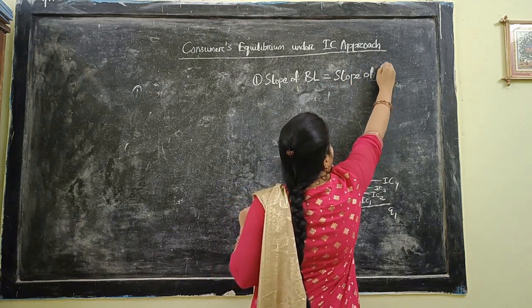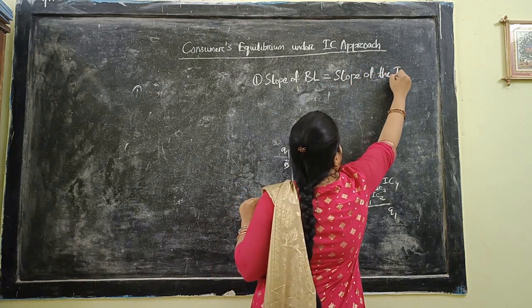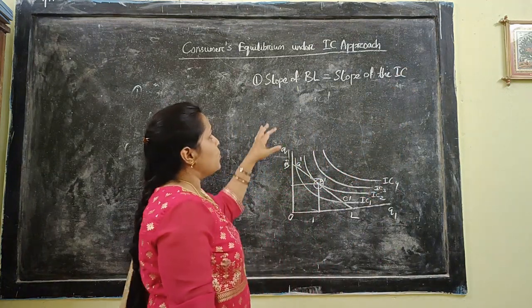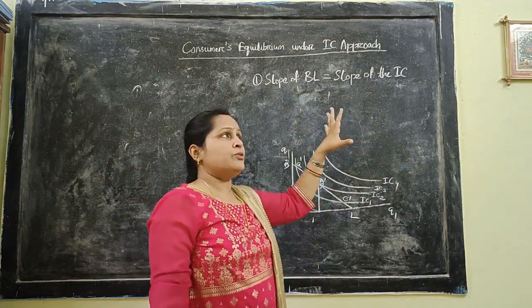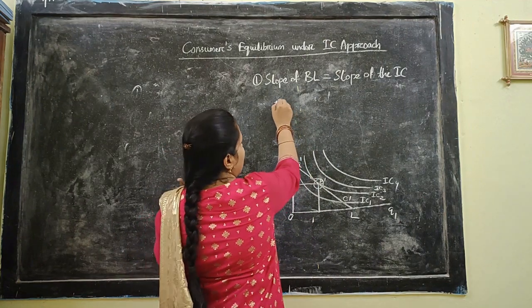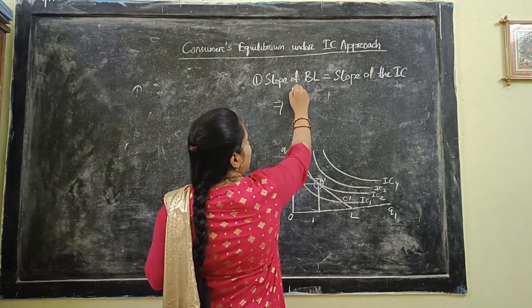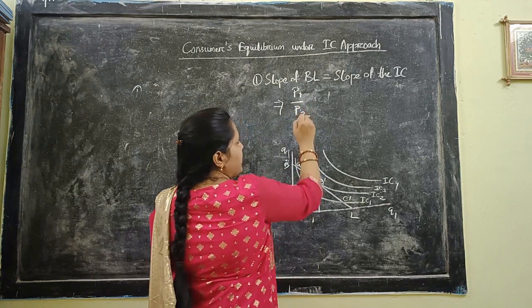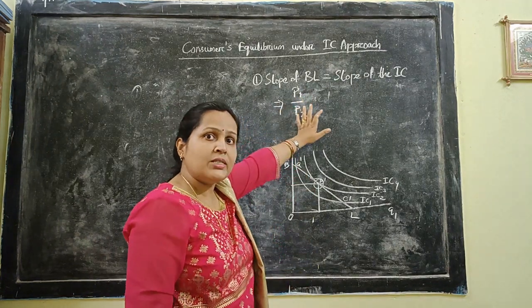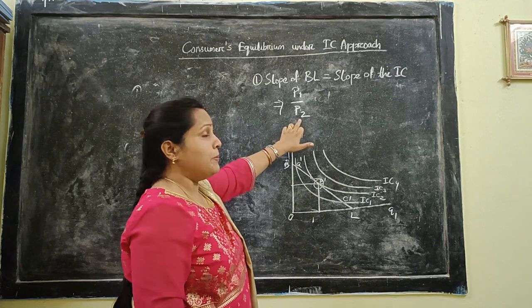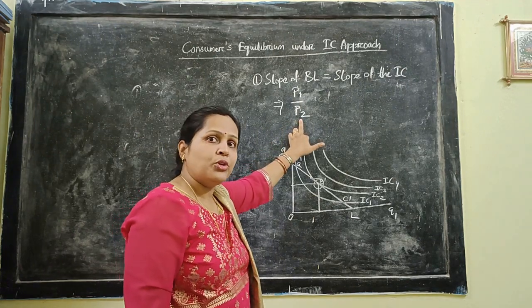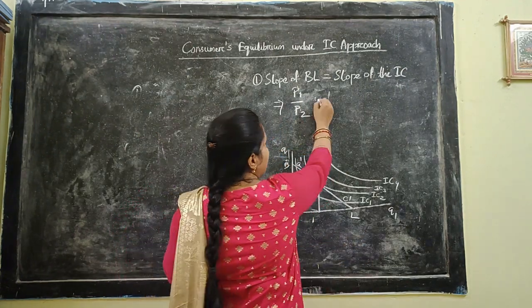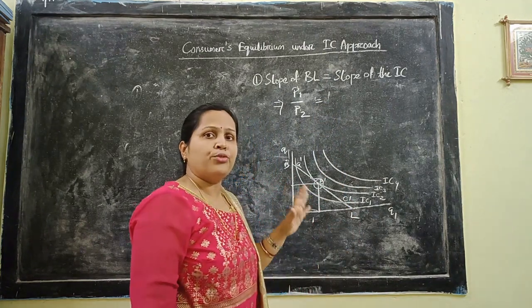The slope of the budget line, which we can also derive, is equal to P1 by P2, where P1 represents the price of commodity Q1 and P2 represents the price of commodity Q2, and this is equal to the slope of the indifference curve.